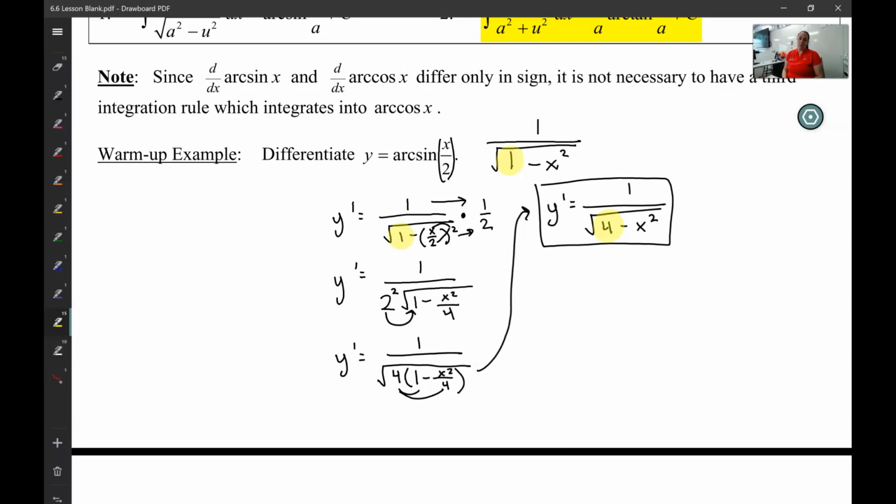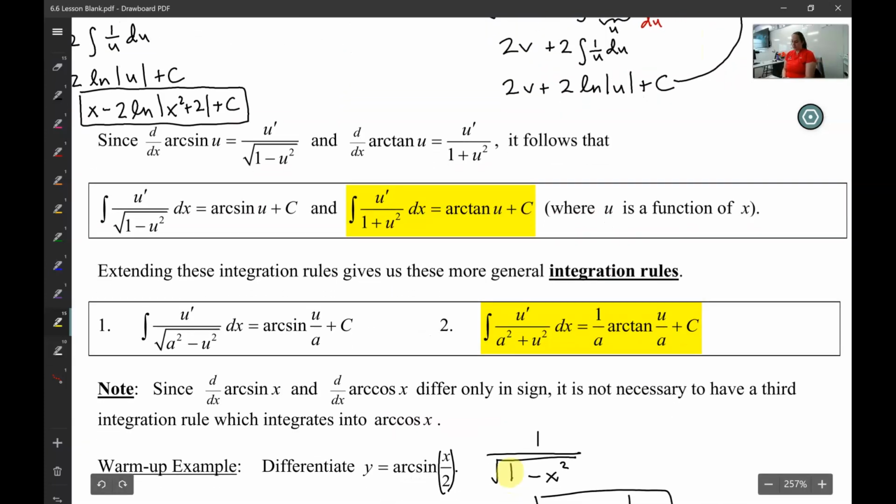And this is important for the integral rule, because you will notice this was our old tangent rule, 1 over 1 plus u squared. Well, now we're extending it by saying this can be a number, any number, not just 1. So this is our new integral rule.